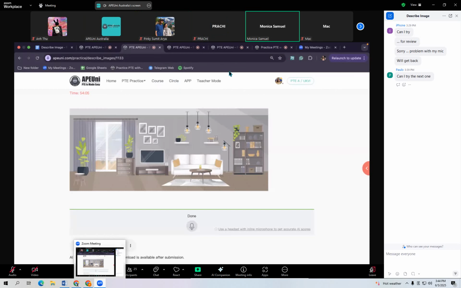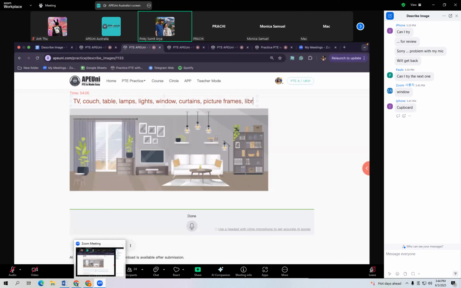Now everyone give me labels. I'm going to write them here. TV, couch, sofa, table, white plants, couch, lights, window, curtains, picture frames, library ornaments, corner, or we can say books are kept there.